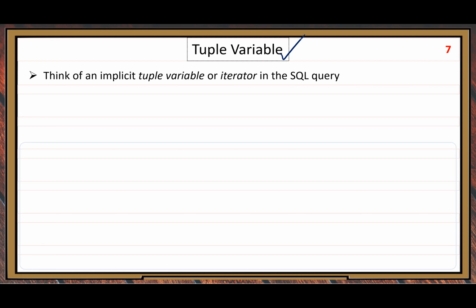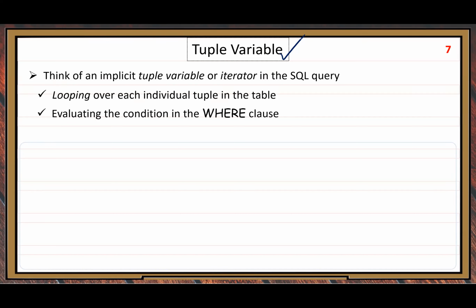You need some special variable to process each row, looping over each individual tuple in a table. It's a loop operation.